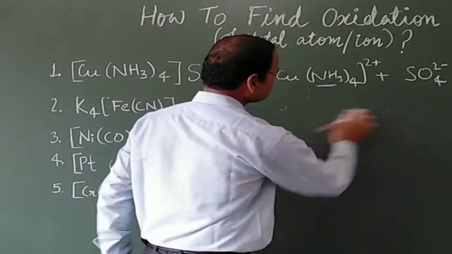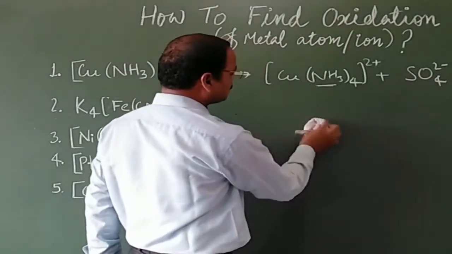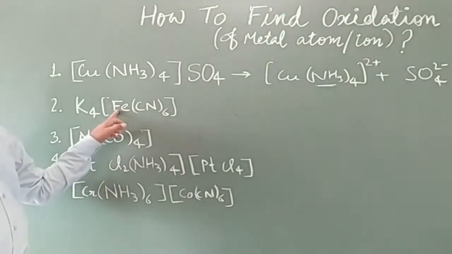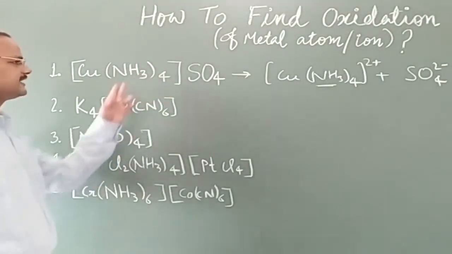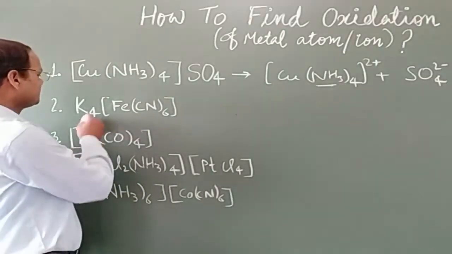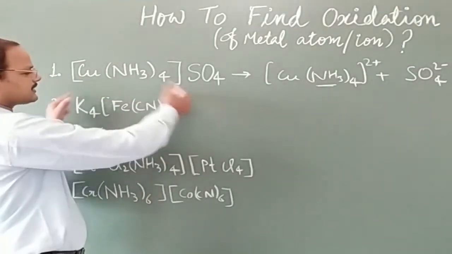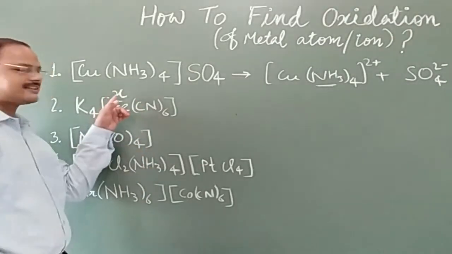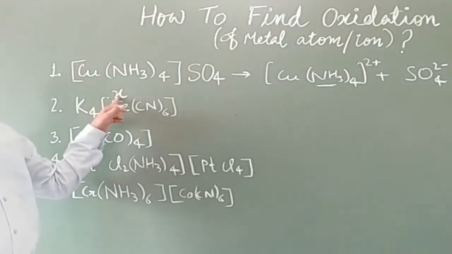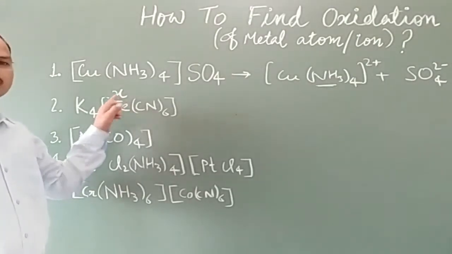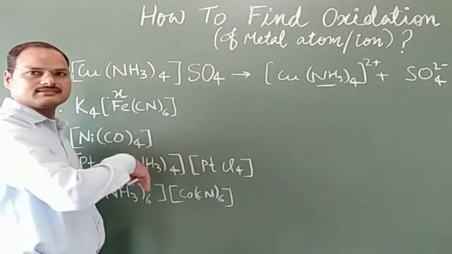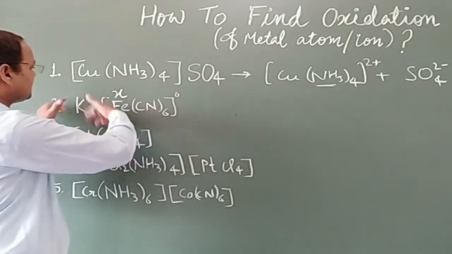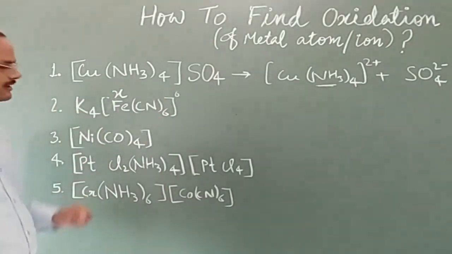Let's see. In this case, we can calculate the oxidation state of iron in the same way as I explained in the first example. If we take this molecule as a single unit, to find the oxidation state of iron, let it be X. Now the sum of all charges or oxidation states will be equal to 0, because overall this molecule is neutral.